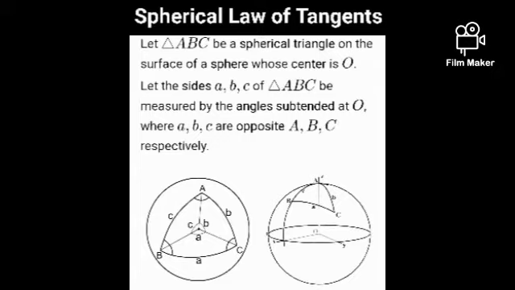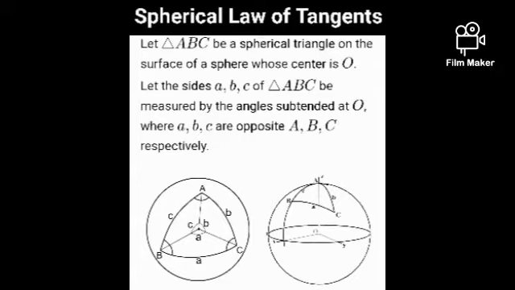And the spherical law of tangents is stated as a theorem. To state the law of tangents, we let triangle ABC be a spherical triangle as shown in the diagram. A spherical triangle is a triangle on the surface of a sphere.